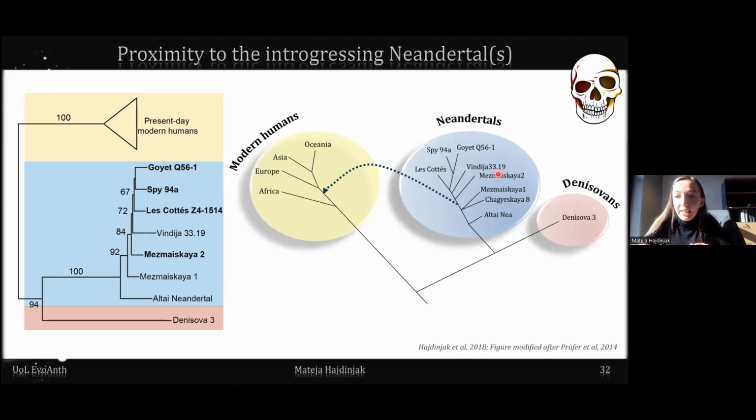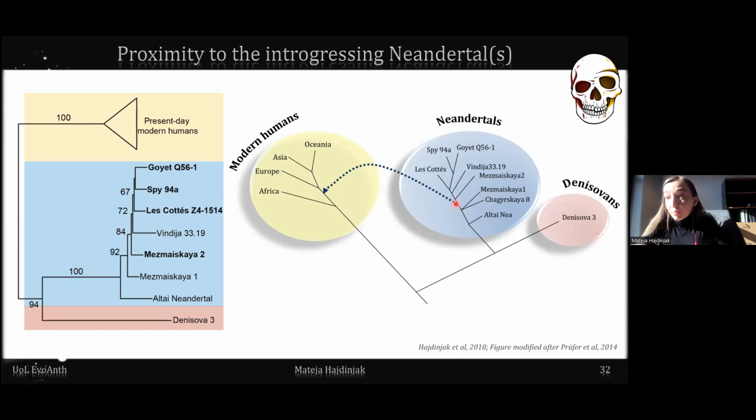So on the tree relating the genomes that are also here, but also adding the high coverage genome of an 80,000-year-old Chagyrskaya 8 individual, we see that this Neanderthal population formed somewhere here, as the Neanderthals that we observe in the genomes of present-day and ancient humans are significantly closer to the later Neanderthals than they are to the earlier Neanderthals.